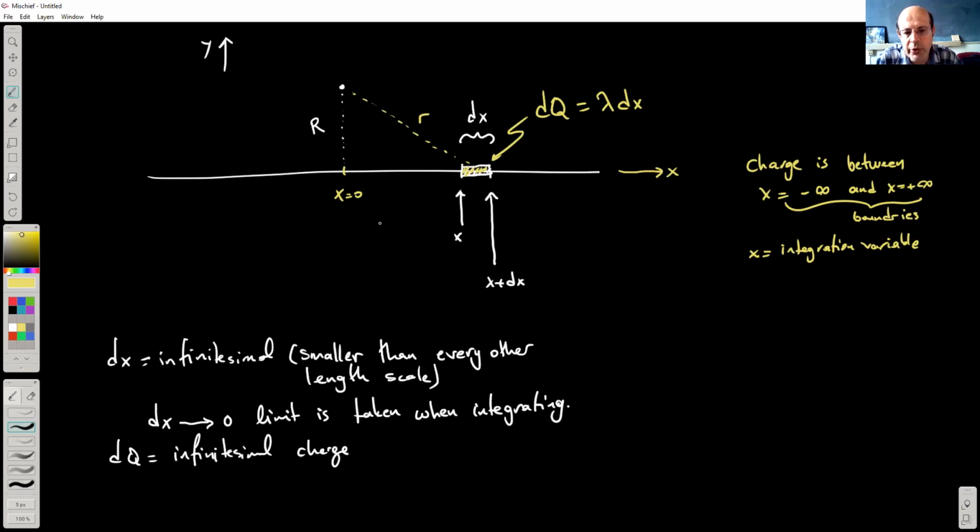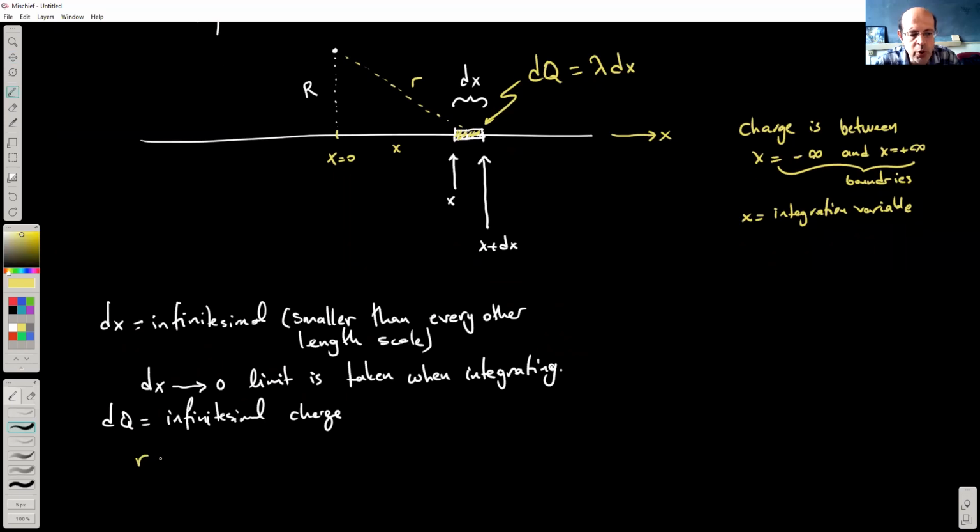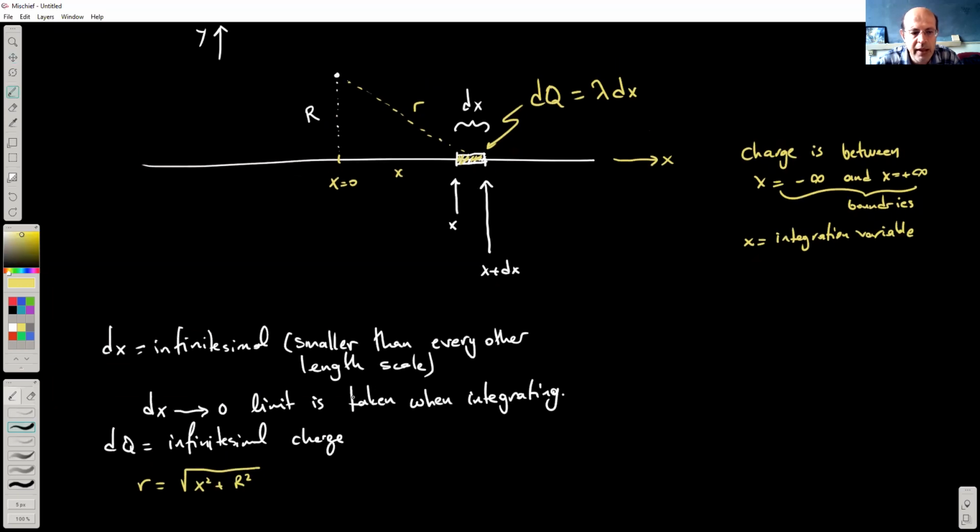So what we do in these kind of situations is we basically just compute all of these variables. So I know that this distance is x. So from here, I can say that, for example, this r quantity is the square root of x squared plus r squared.